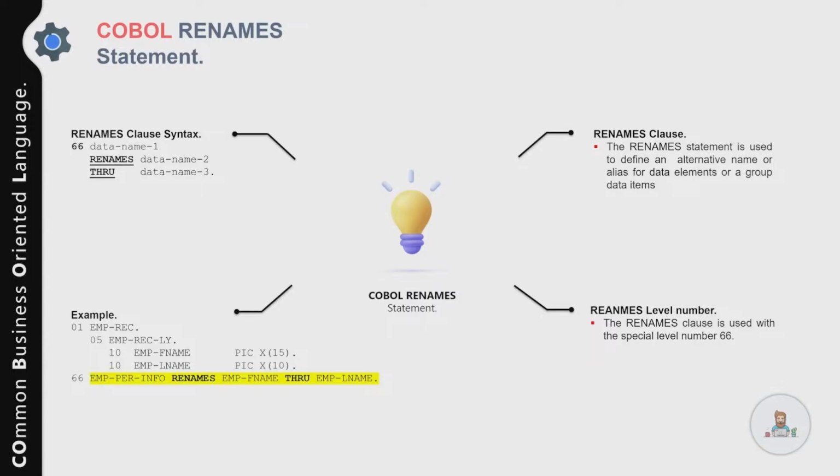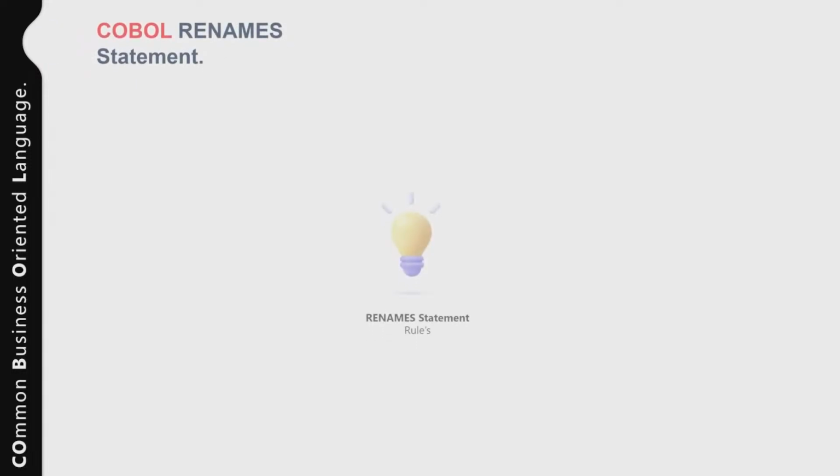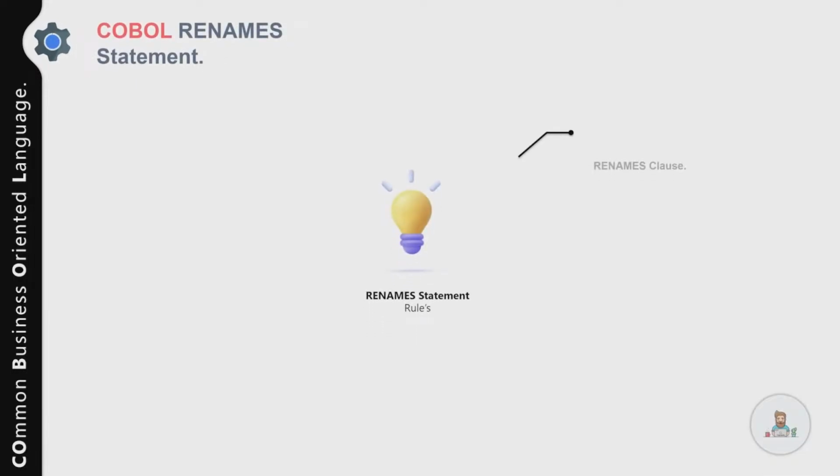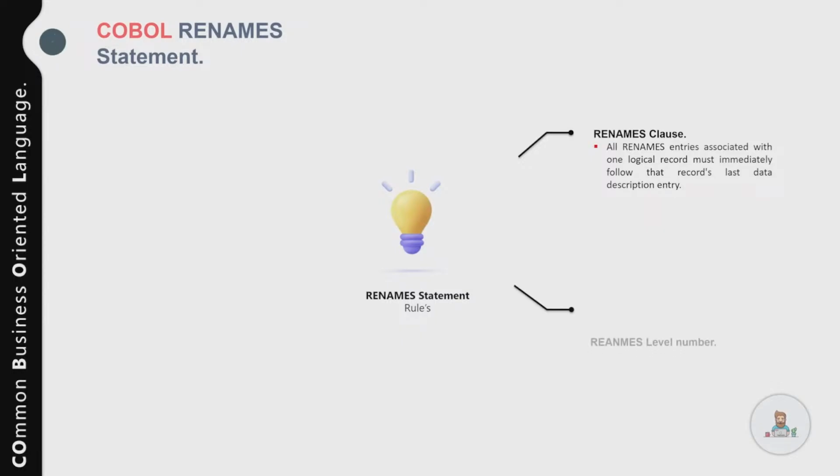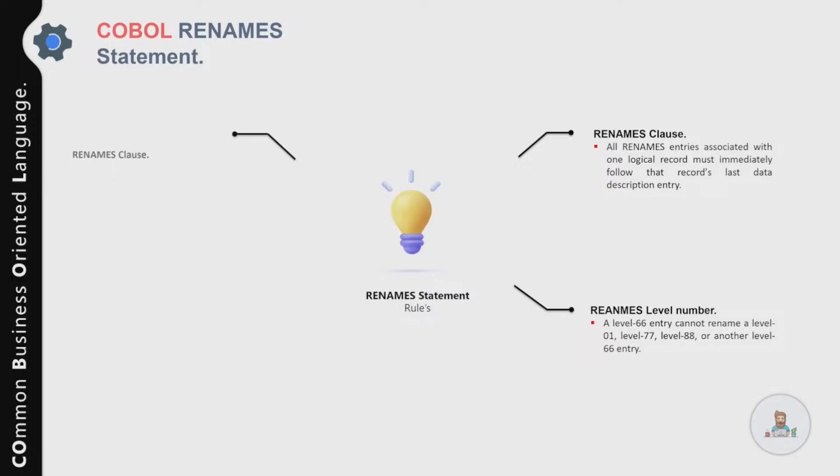Now let's talk about a couple of important rules related to the rename clause. The first one is all rename entries associated with one logical record must immediately follow that record's last data description entry. A level 66 entry cannot rename a level 1, level 77, level 88 or any other level 66 entries.